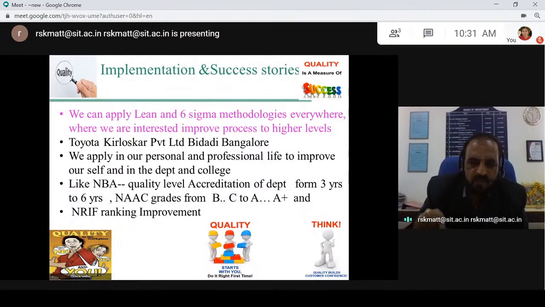I'll share a little of my experience in implementing this in education. When the new NBA guidelines came for outcome-based education, that is ABET, we were highly worried to apply, because everything was new, the requirements were new, and they were challenging. I was the head of the department in 2010 to 2014.